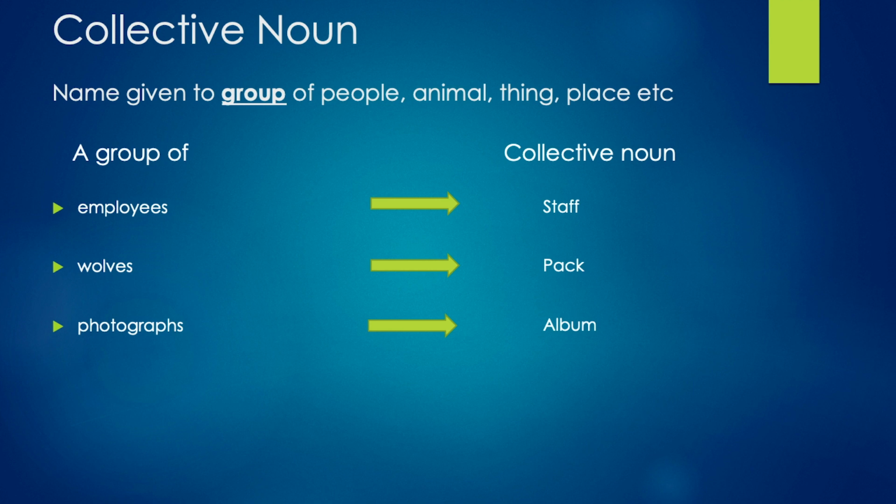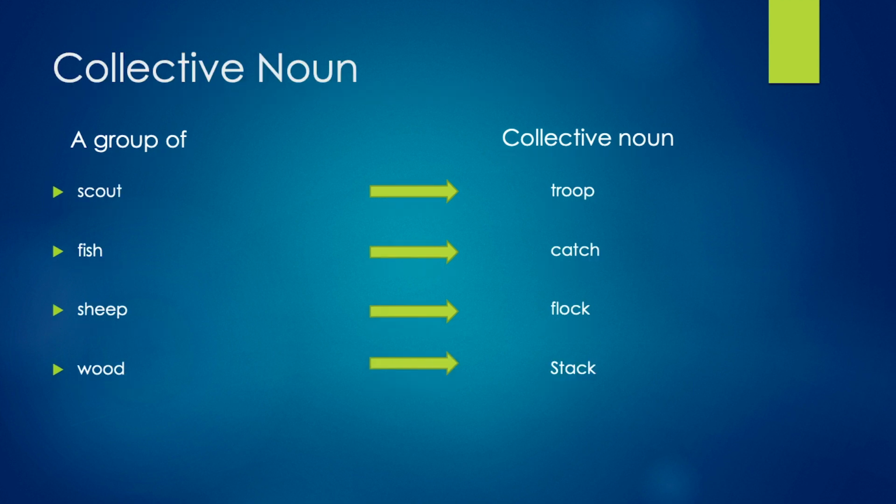In the same way, a group of soldiers is called an army. A group of scouts is called a troop. A group of fish is called a catch. A group of sheep is called a flock. And a collection of wood is called a stack.